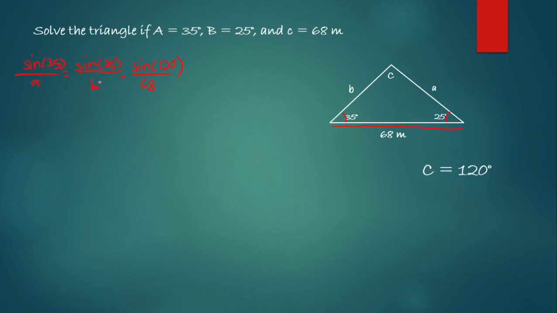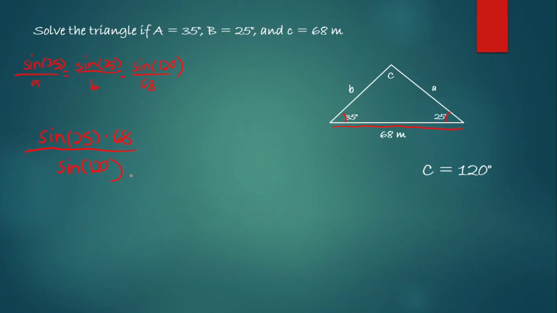So now we're going to solve for side B, and how we're going to do this is by cross multiplying. Sine 25 multiplied by 68 over sine 120.